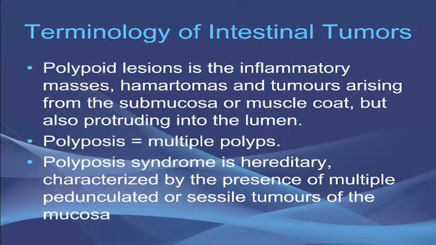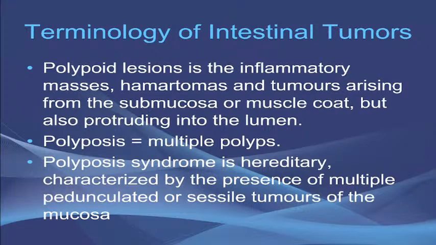Sometimes it's not always polyps, but they could be polypoid or polyp-like lesions, common in inflammatory conditions such as inflammatory bowel disease, Crohn's disease, and ulcerative colitis. Hamartomas are tumors arising from the submucosa or muscular coat, but also protruding into the lumen.